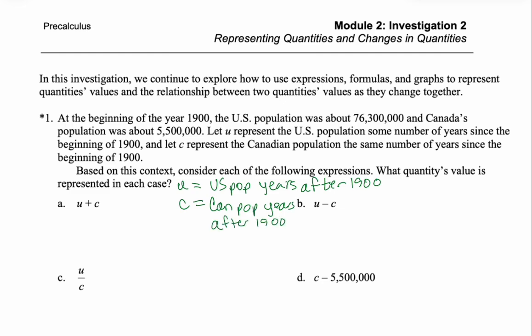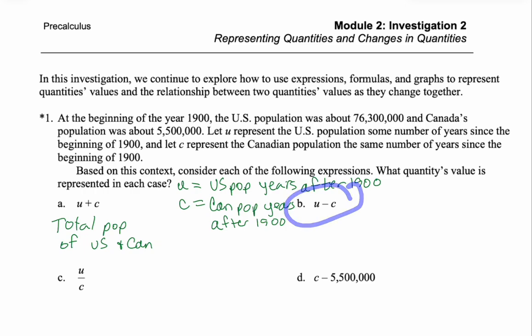Okay, so what would U plus C represent? The total population of those two countries some number of years after 1900. So we'll just put a little total population. So it's the total population, however many years they have let go by after 1900. That would be the total population of US and Canada.